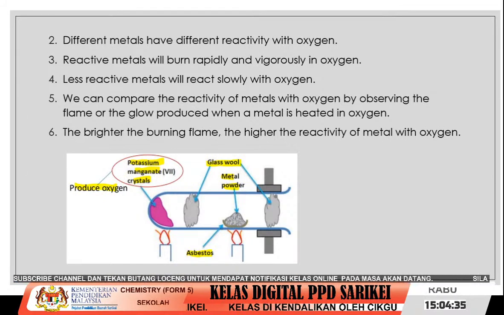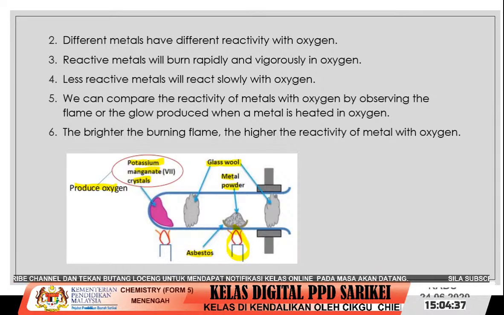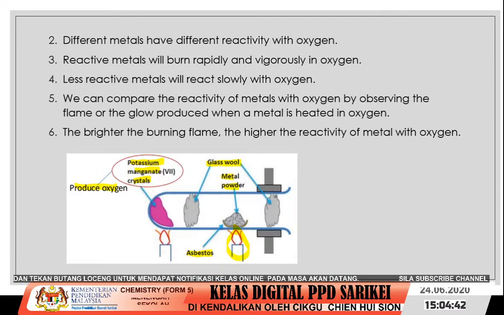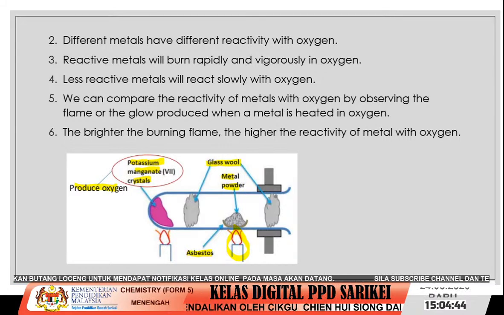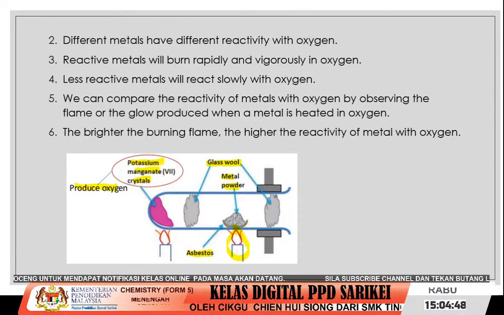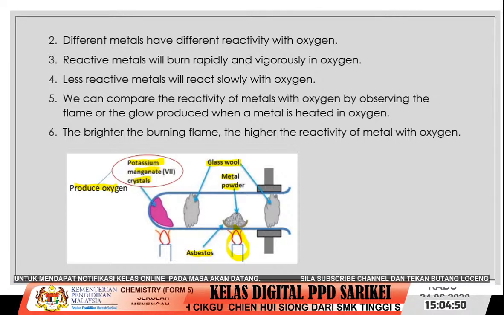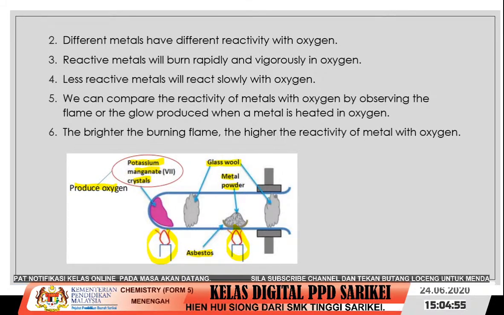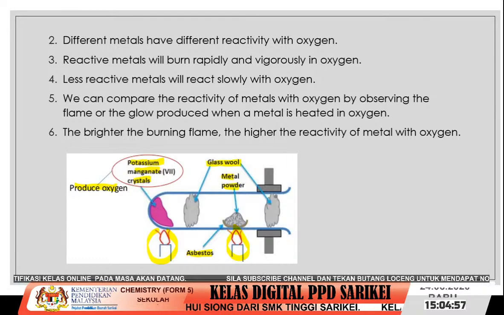Metal powder is heated first using a Bunsen burner. When the metal powder turns red, it means it is ready to react with oxygen. Then we start to heat the potassium manganate(VII) crystal.